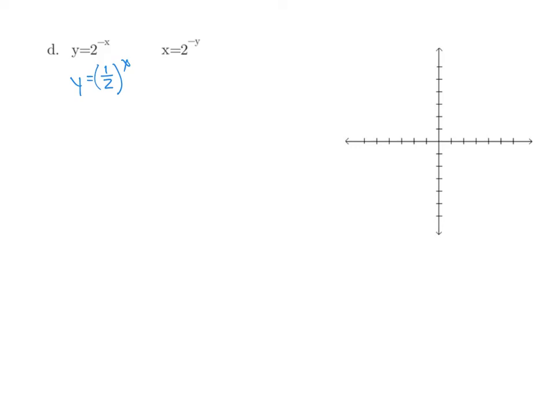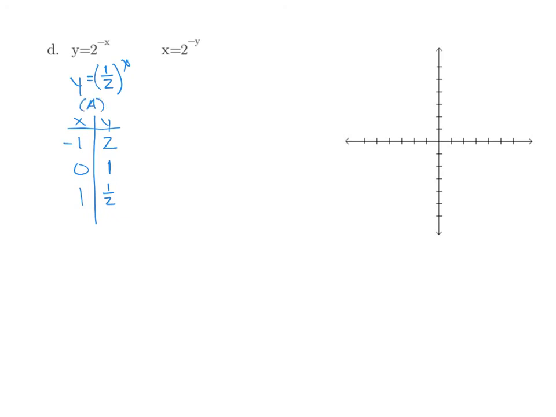Either way, it's the same thing. So now, if we go ahead and make a table, again, I'm going to work with -1, 0, and 1. 1/2 to the -1, the reciprocal of 1/2 is 2. 1/2 to the 0, anything to the 0 power is 1. And 1/2 to the 1 is 1/2.